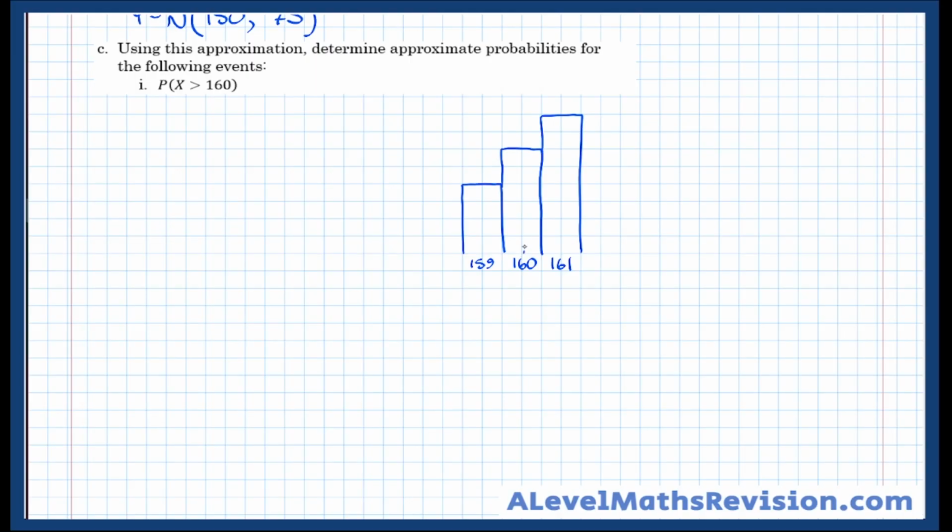And the value of the bar is at the centre. Now we've approximated this using a normal curve, which is continuous. So the bars are discrete, can only take integer values, but the curve is continuous. So if I make my lower bound 160, the area I'm finding under the curve is this area here from 160 upwards.